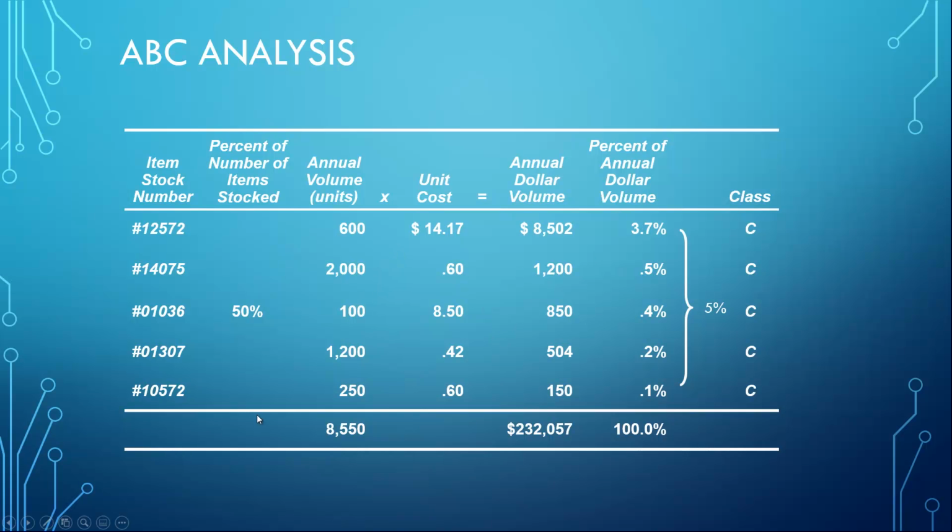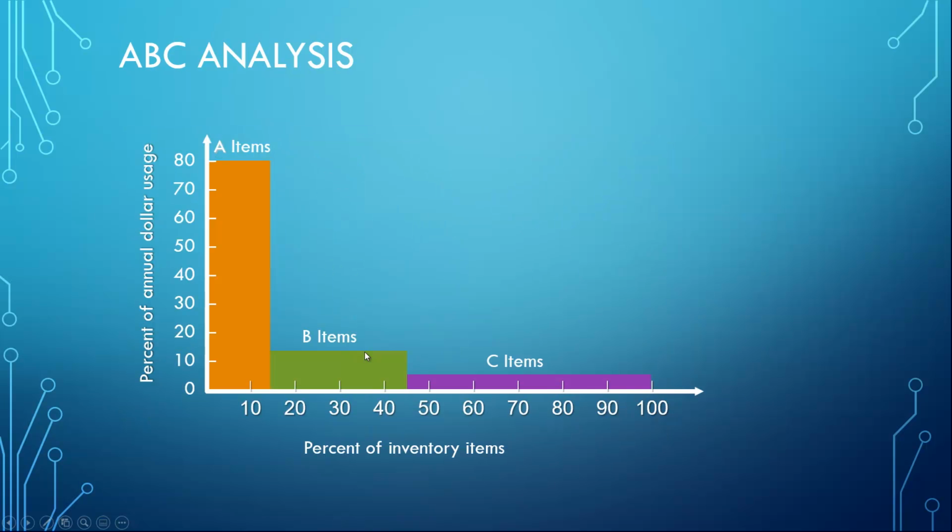But the ones under class A and B are more important items. Actually, the most important are the items classified under A. The chart in this slide also confirms that the first two items make up most of the annual dollar volume.